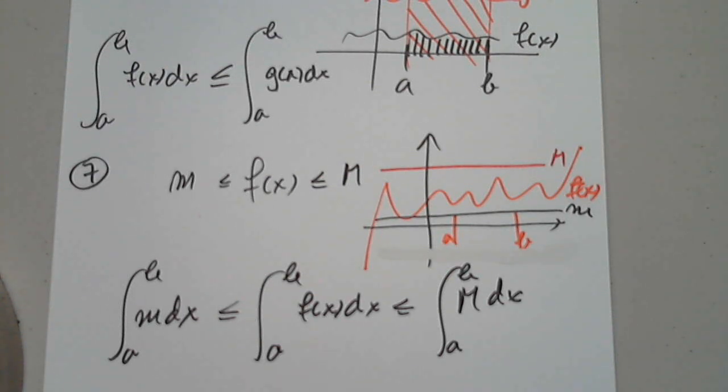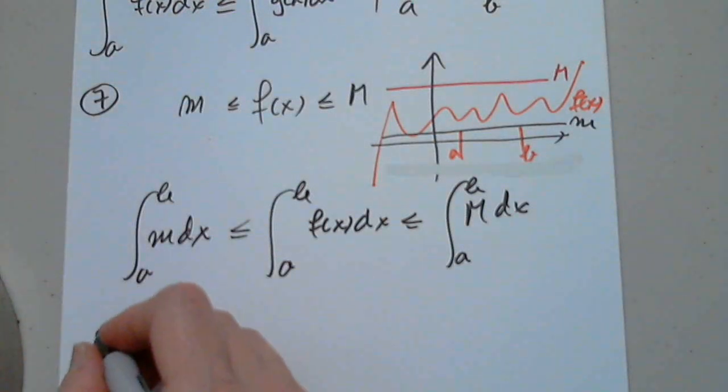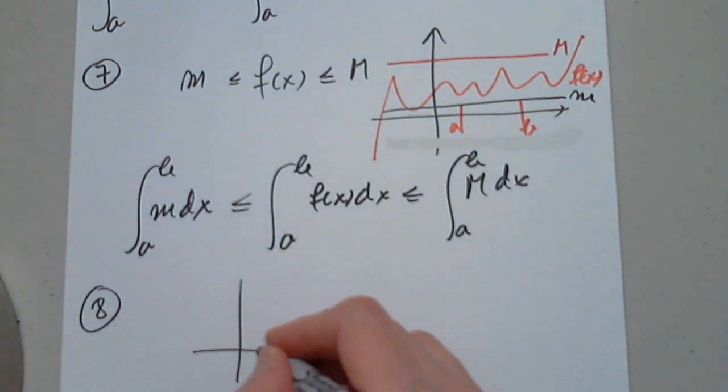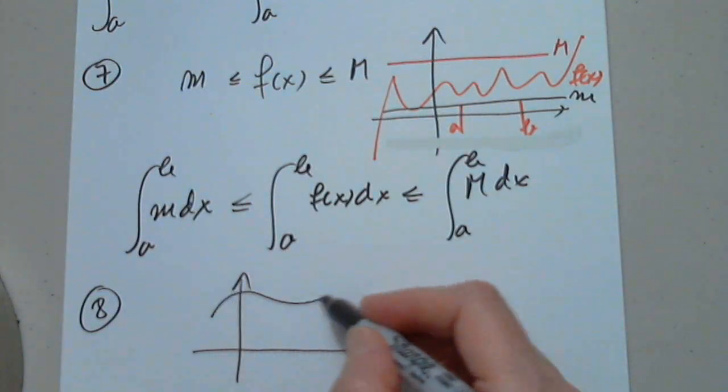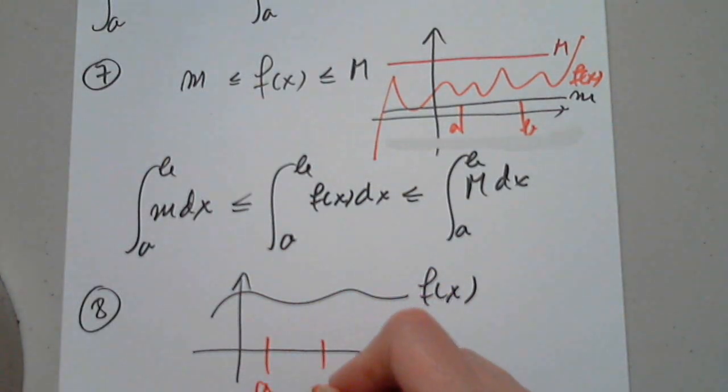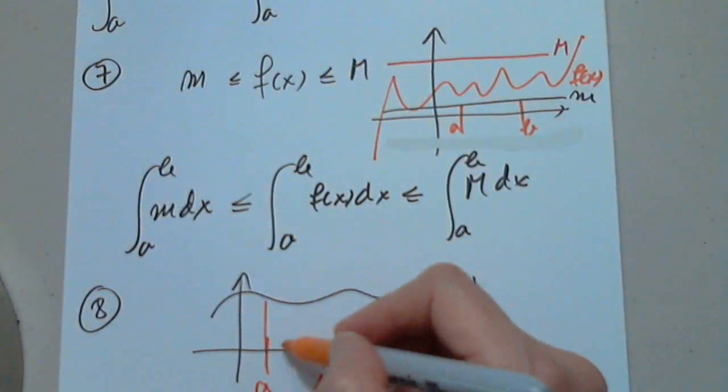Okay. Oh, I forgot, there is still one more. Sorry, last one. So let's take a look at this. Here's f of x, and here is a, b, c.